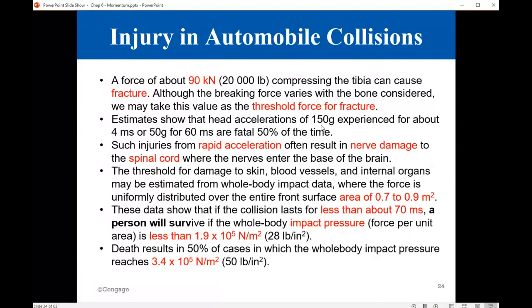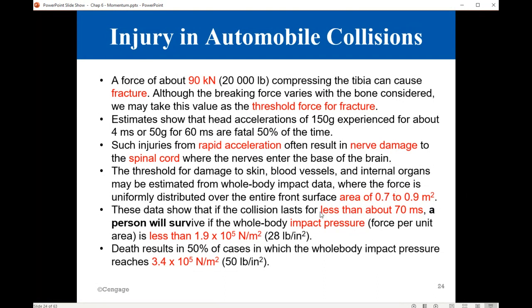Here we are talking about this kind of acceleration acting over a period of 4 milliseconds, or 50 G acting for a period of 60 milliseconds. This can be fatal 50% of the time.